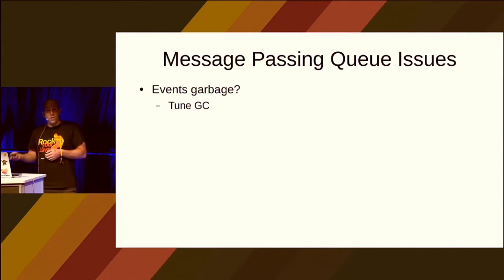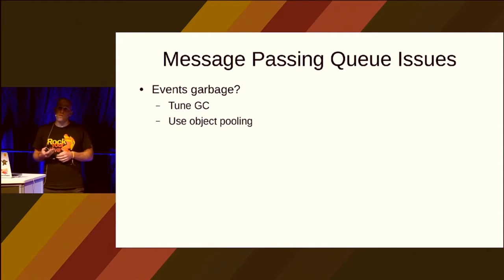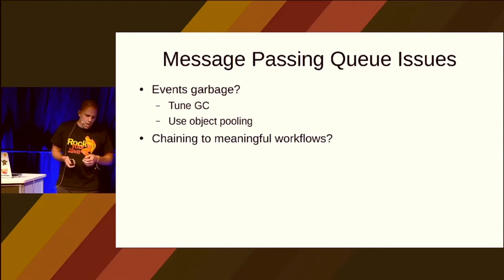You can tune the GC to deal with this problem, or you can have some sort of object pooling solution. There are simple things you can do, like having two queues, incoming objects, and then shovel them back out to the sender to read back and reuse. That's a scheme that works. It's pretty simple if all the objects are the same type. But if that's not the case, you can look at some existing object pooling techniques.